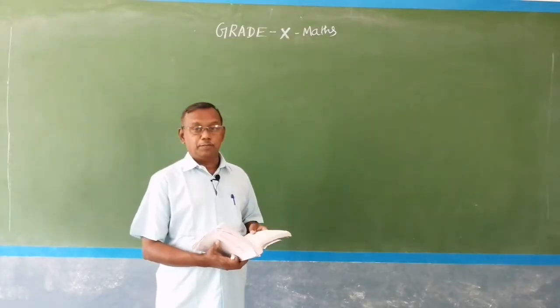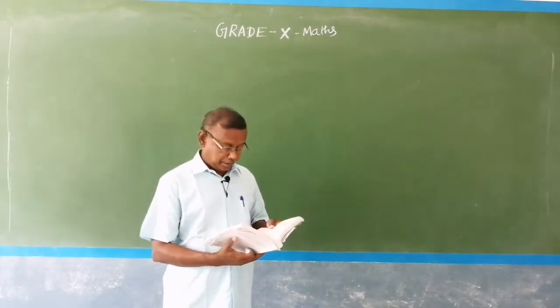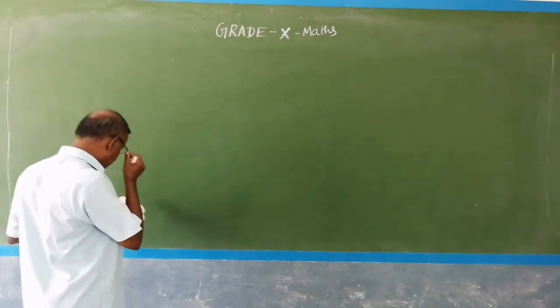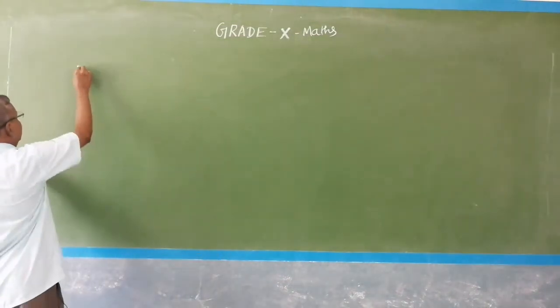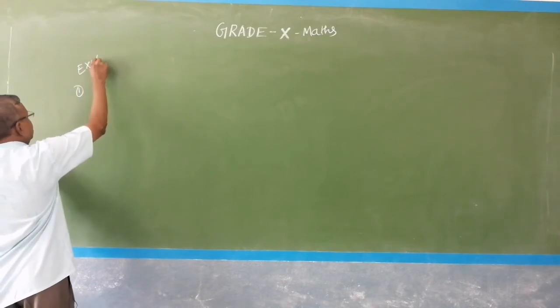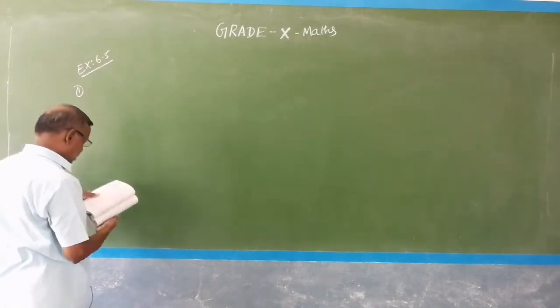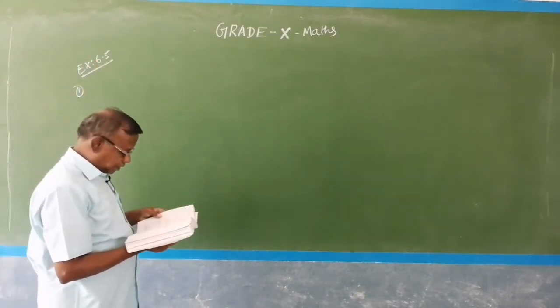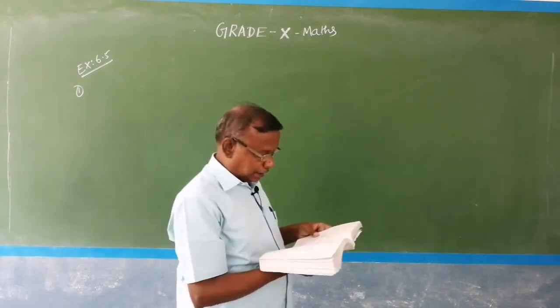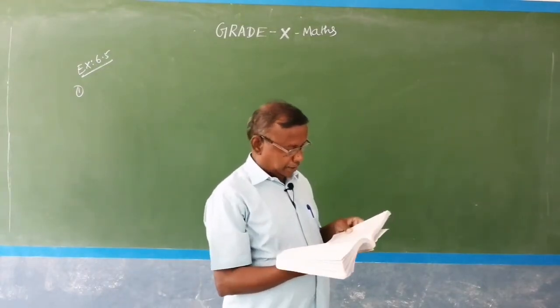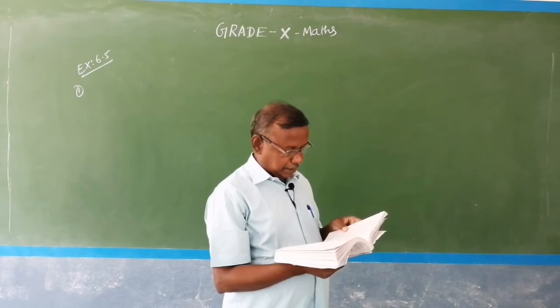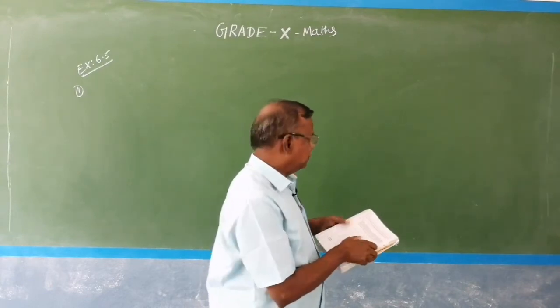Let us solve the problems given in exercise 6.5. Question number 1. The sides of a triangle are given below. Determine which of them are right triangles. In case of a right triangle, write the length of the hypotenuse.